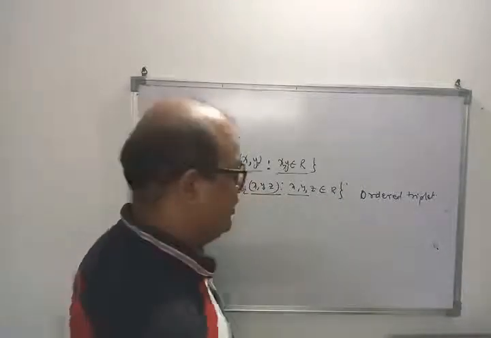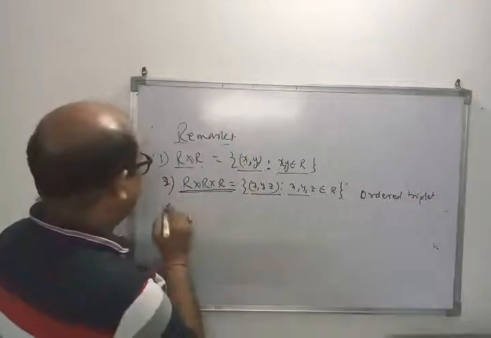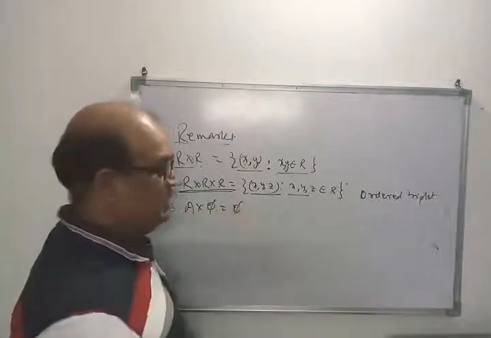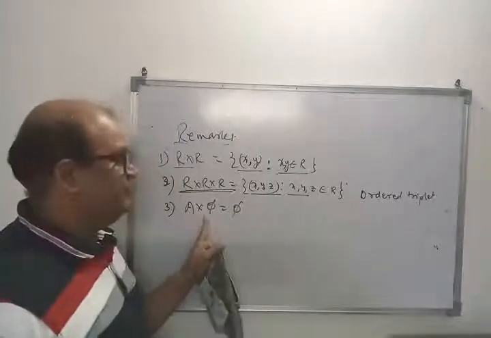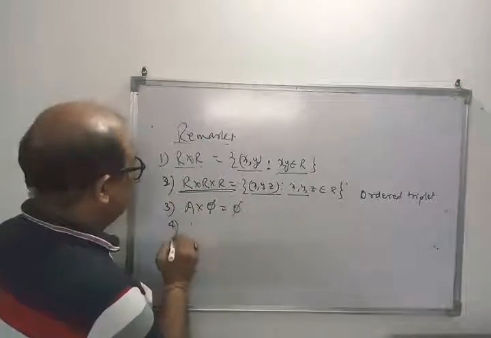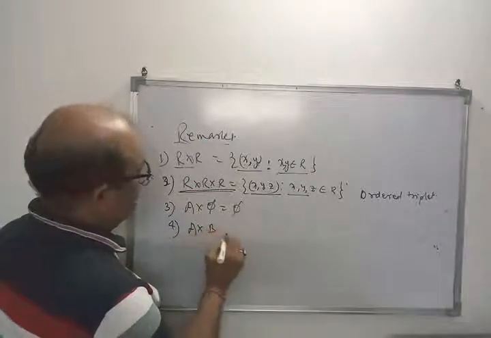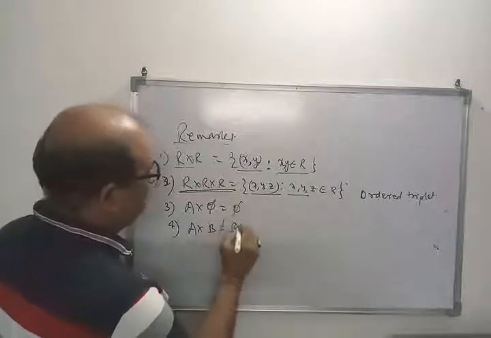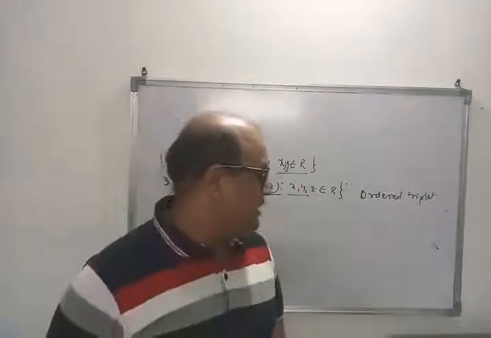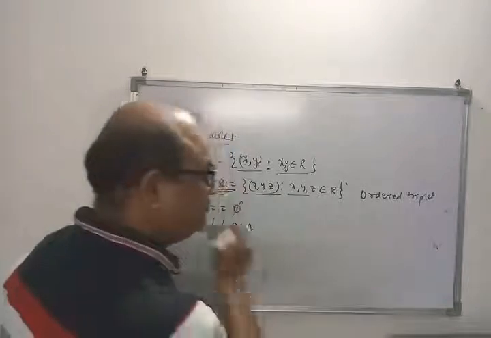Now, in general, A cross phi is equal to phi. The Cartesian product of a set A with phi is always phi. Fourth, the Cartesian product of A and B is not equal to the Cartesian product of B and A in general, unless A and B are equal.